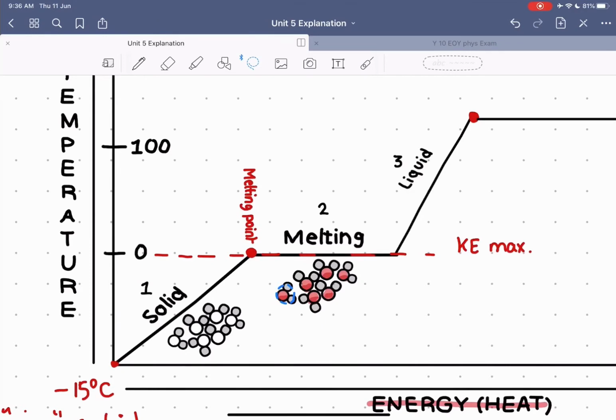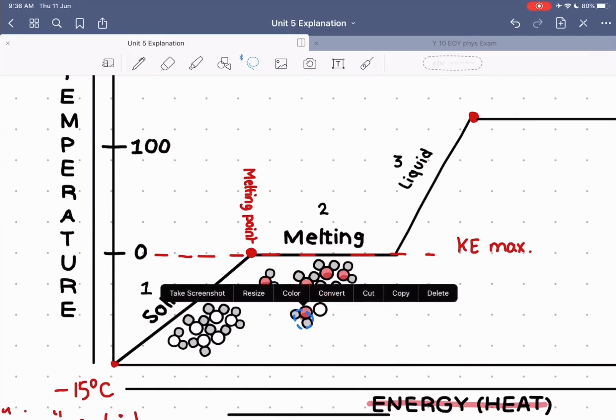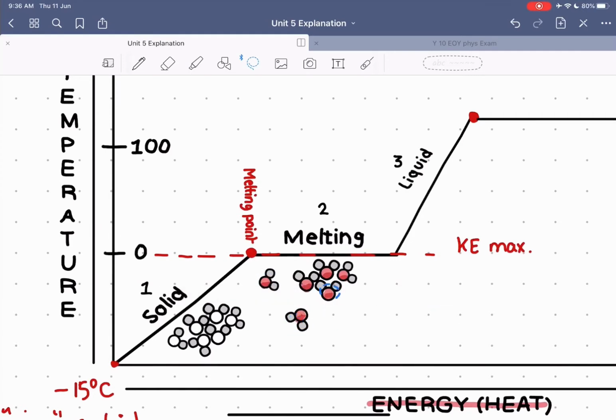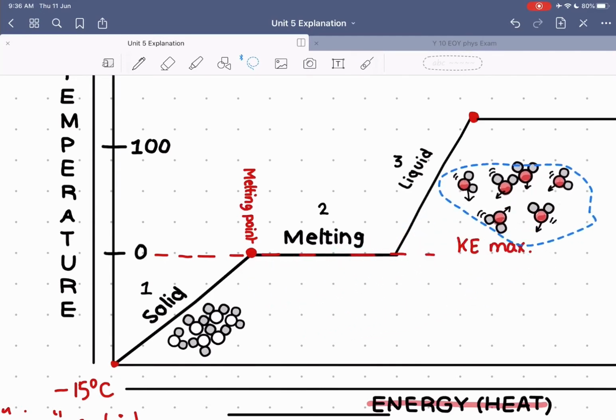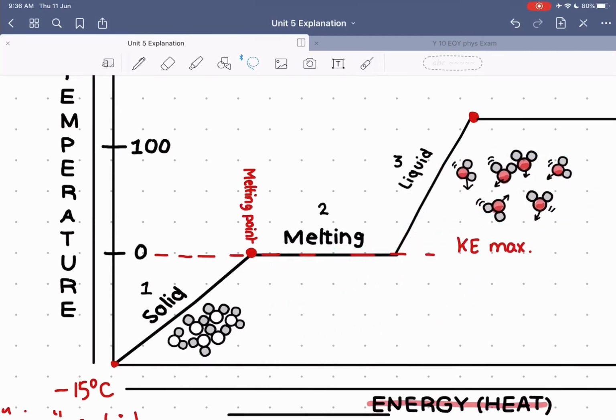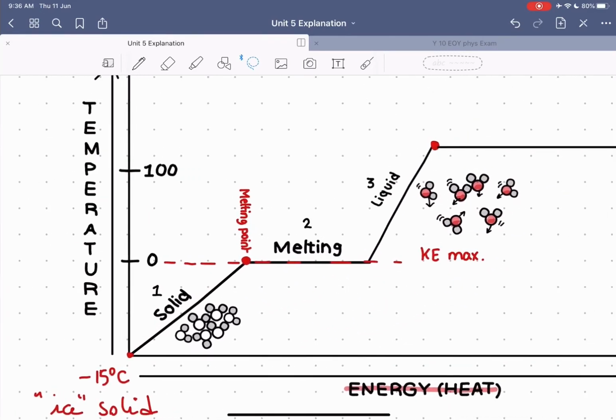Eventually, these molecules will break free and be arranged as if in the liquid state, moving past each other with some vibration. Now we have a liquid. So that's the first phase, the melting phase.